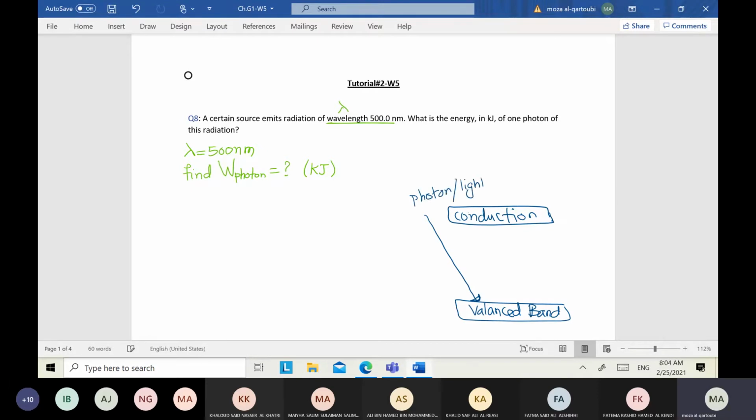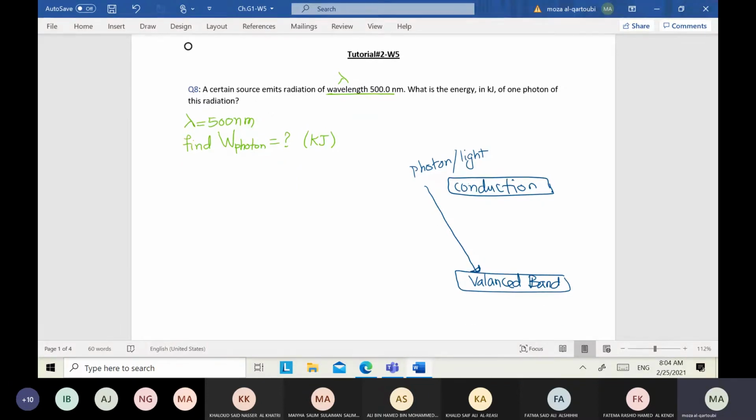This photon is given with lambda equal 400 nanometer. So what happened here? What happens when the photon reaches the valence band? We said before, one exciton should be created. One exciton means one electron-hole pair.